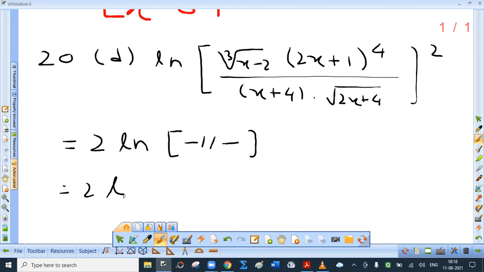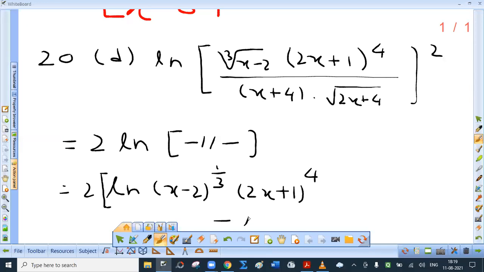So it is twice. Now, what is log of m upon n? It is log m minus log n. So here I am going to write this as ln. Cube root means raised to 1 upon 3. 2x plus 1 raised to 4 minus ln x plus 4 into what? 2x plus 4 raised to half.